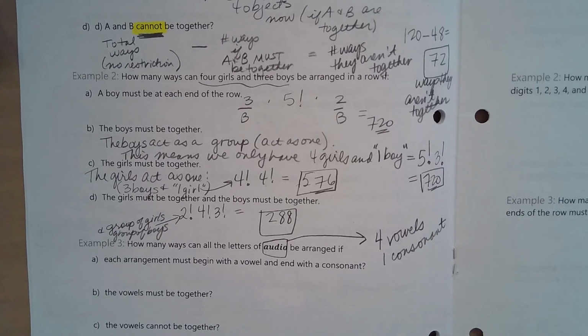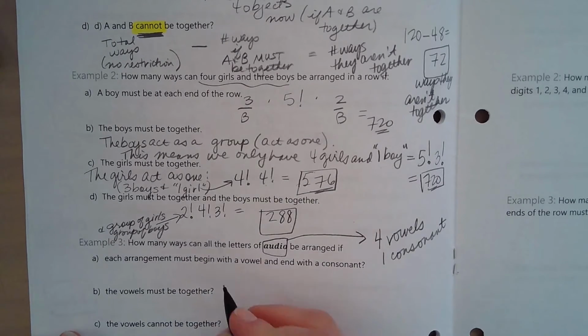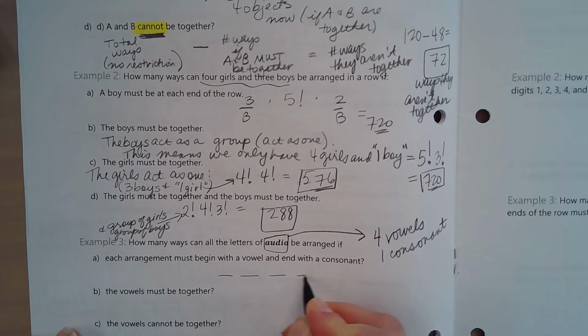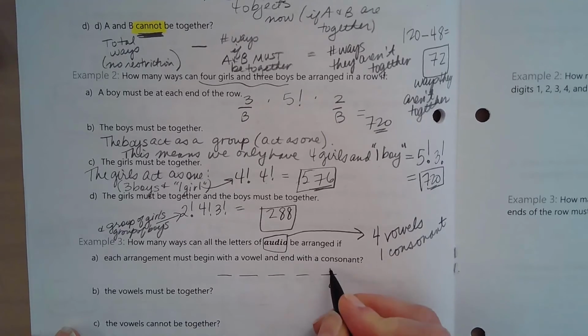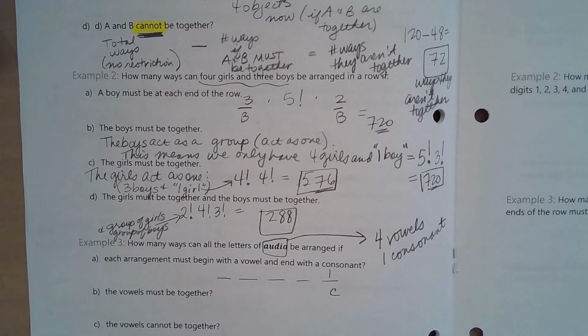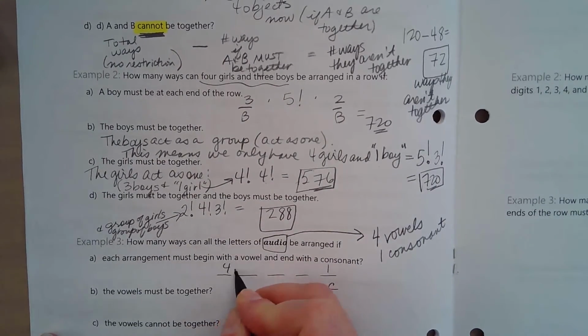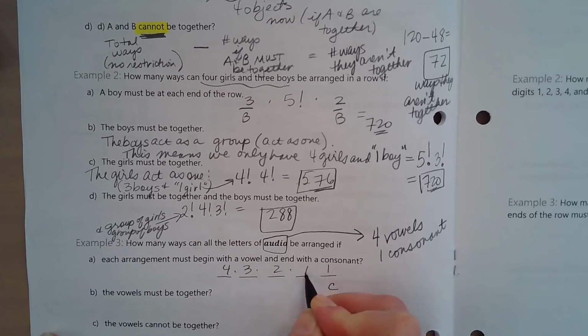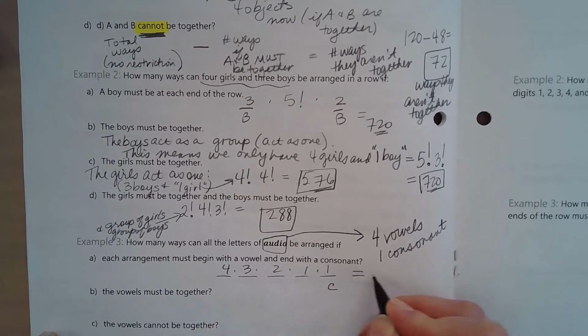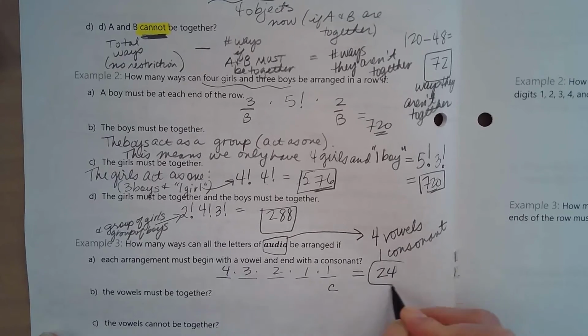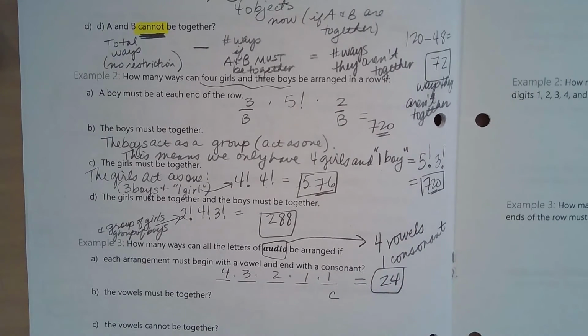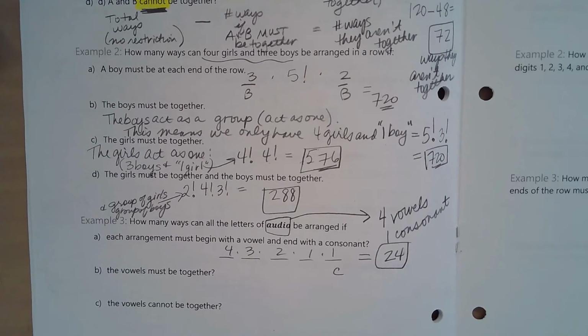So, begin with a vowel, end with a consonant. Well, there is only 1 consonant, right? So it's just 4 factorial. Okay, I'm going to let you figure out B. The vowels must be together.